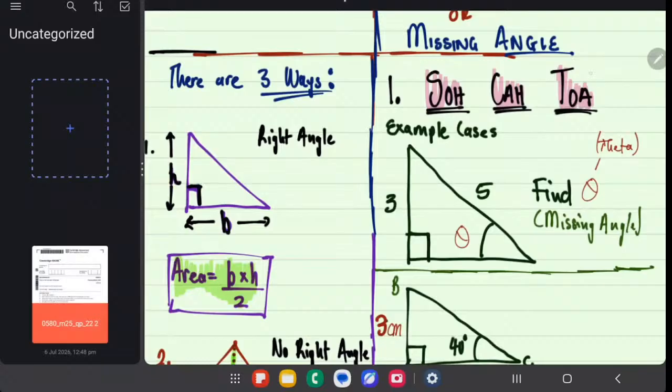Well done. I don't want to see anything else. You can do this, you two. You're not going to let me down. If they ever ask you to find theta, you use SOHCAHTOA. Okay? On a right angle triangle.